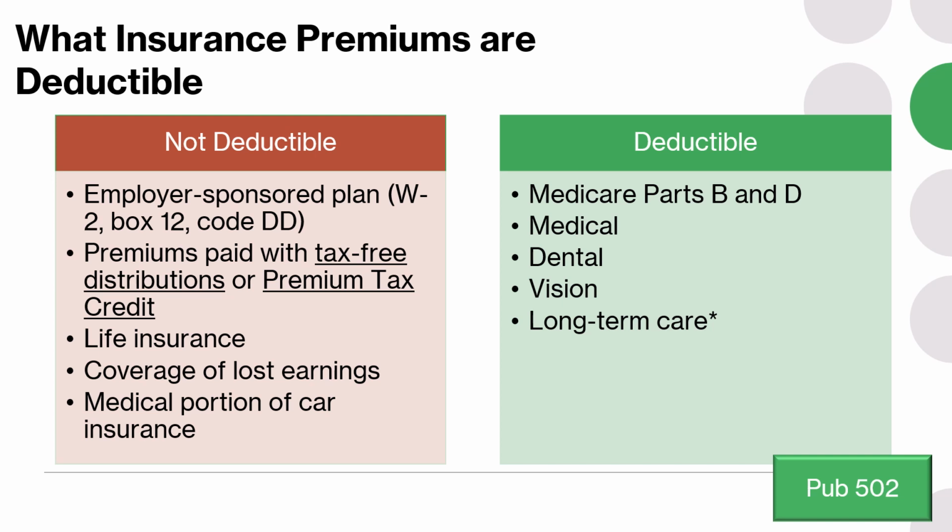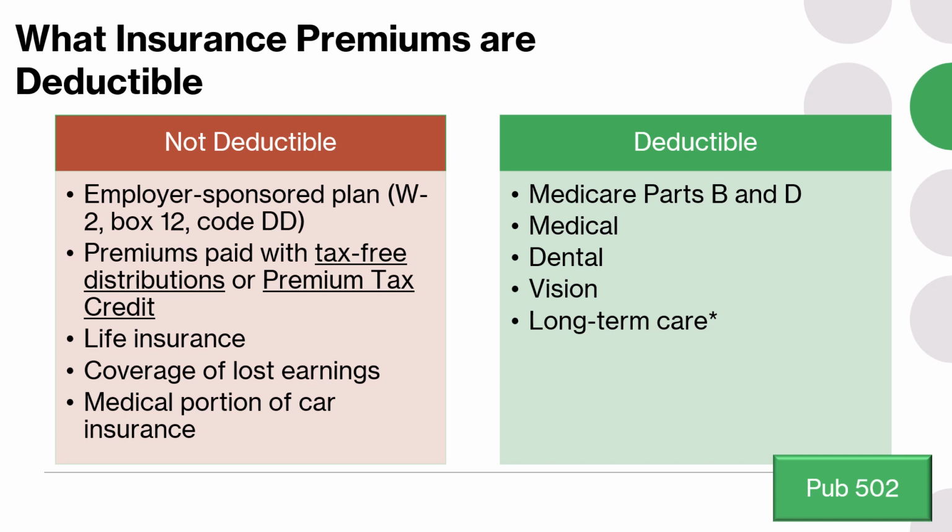So the types of insurance premiums that are deductible, if we are presuming that the taxpayer has not already received a tax benefit for these premiums that they're paying, could be Medicare Parts B and D, which are reported right on the 1099 SSA, and we just enter them into the 1099 SSA entry screen in TaxSlayer, and TaxSlayer automatically carries this over to Schedule A for us.